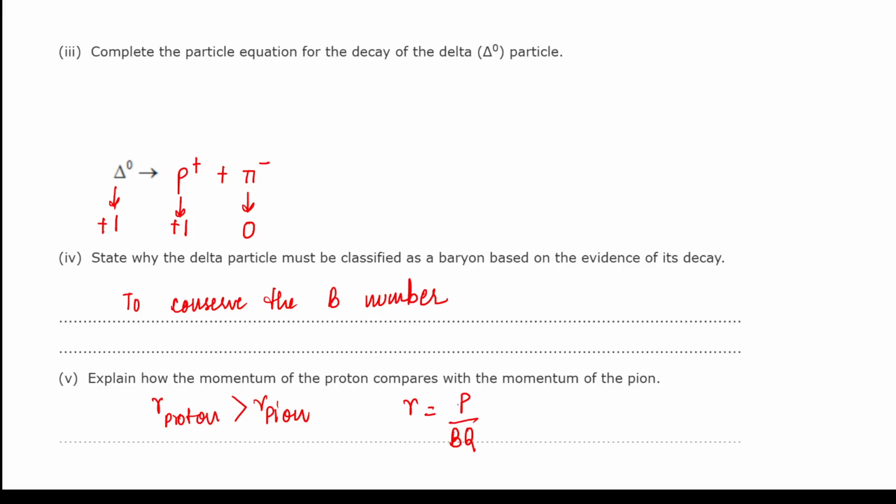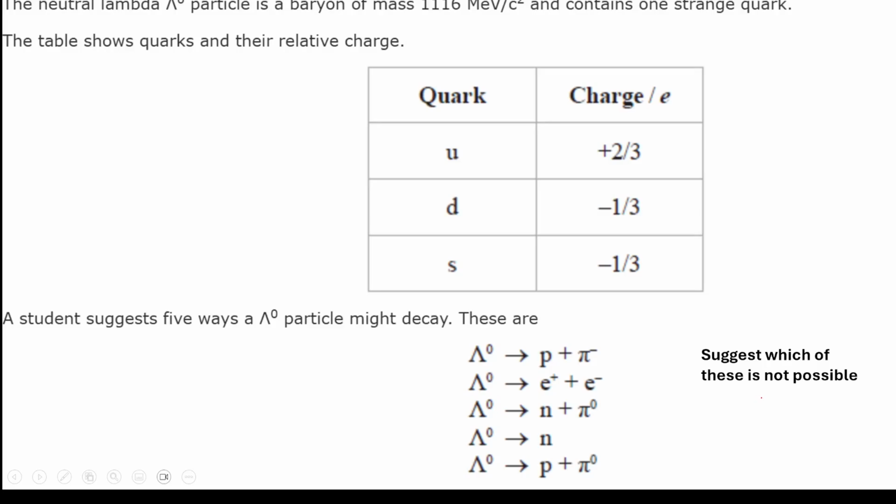Yep, that's right. So if the radius of the proton is higher than the radius of the pion, obviously the momentum of the proton has to be higher than the momentum of the pion. You can write this in your own words.